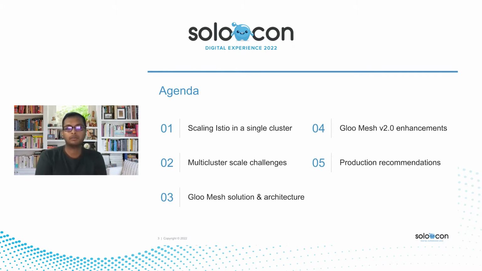Then I'm going to talk about the Gloo Mesh solution, how our architecture is built to handle those challenges, and then move on to some of the amazing enhancements we have made in the Gloo Mesh version 2.0 product. I'm going to conclude this session by making some recommendations for running Gloo Mesh effectively at scale in production.